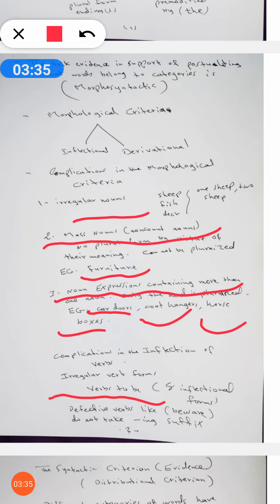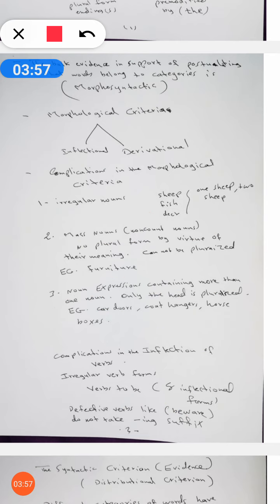The other problem in the inflection of verbs is confined to what is called defective verbs, or sometimes even verbs of sensation. A verb like beware cannot take ing, or for example verbs of sense or verbs of state, like own, nobody can say owning, nobody can say, for example, understanding.